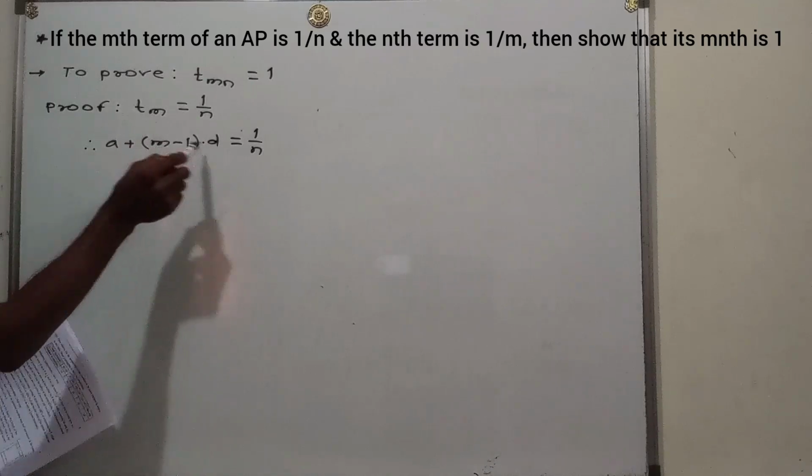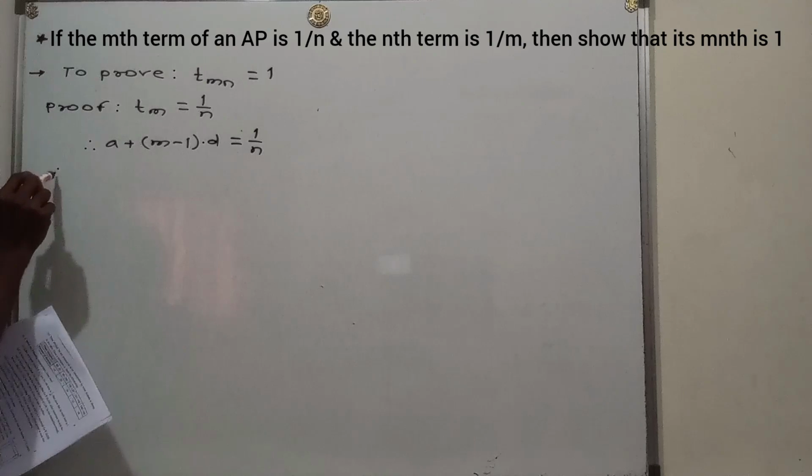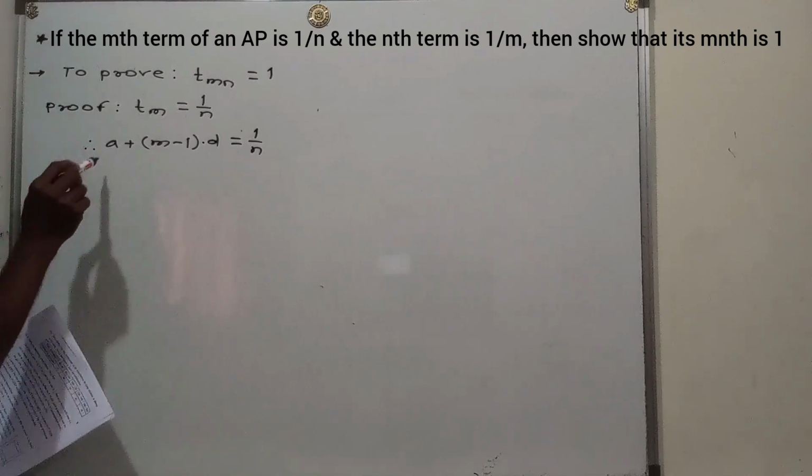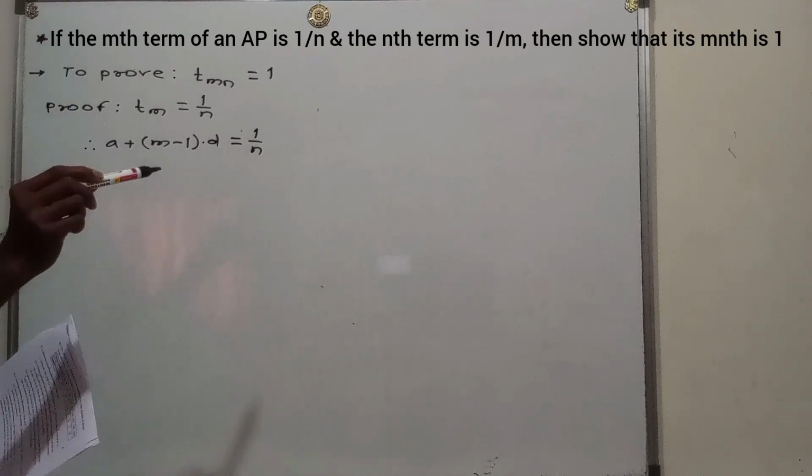We multiply this bracket by d. You can write a finally also, no problem.